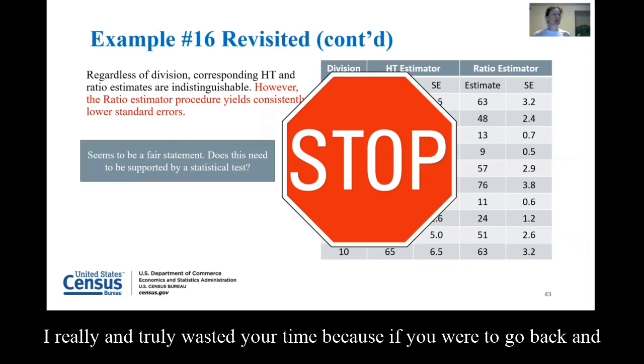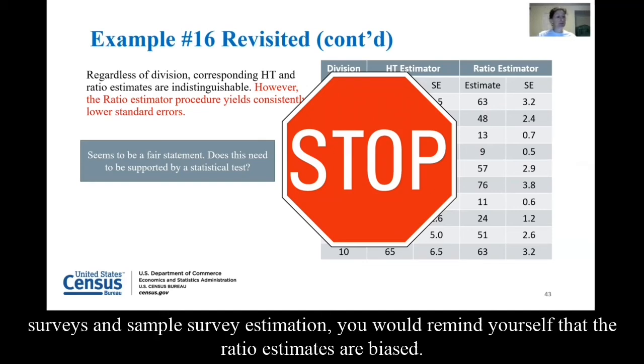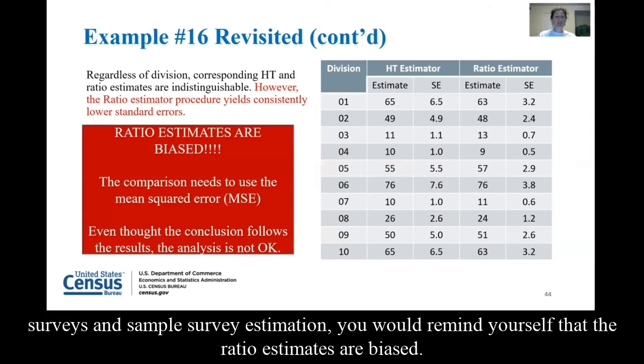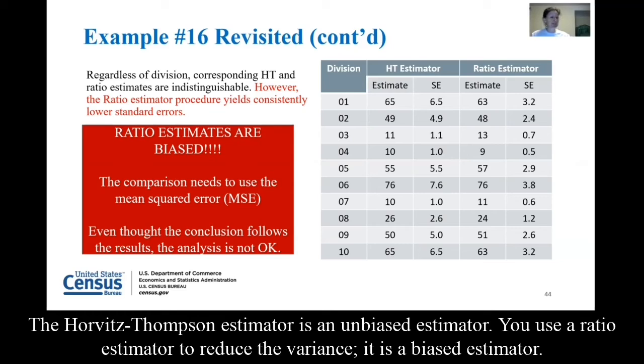Because if you were to go back and look at your textbook or remember everything that you remember about sample surveys and sample survey estimation, you would remind yourself that the ratio estimates are biased. That bias could be negligible, but it's biased. The Horvitz-Thompson estimator is an unbiased estimator.